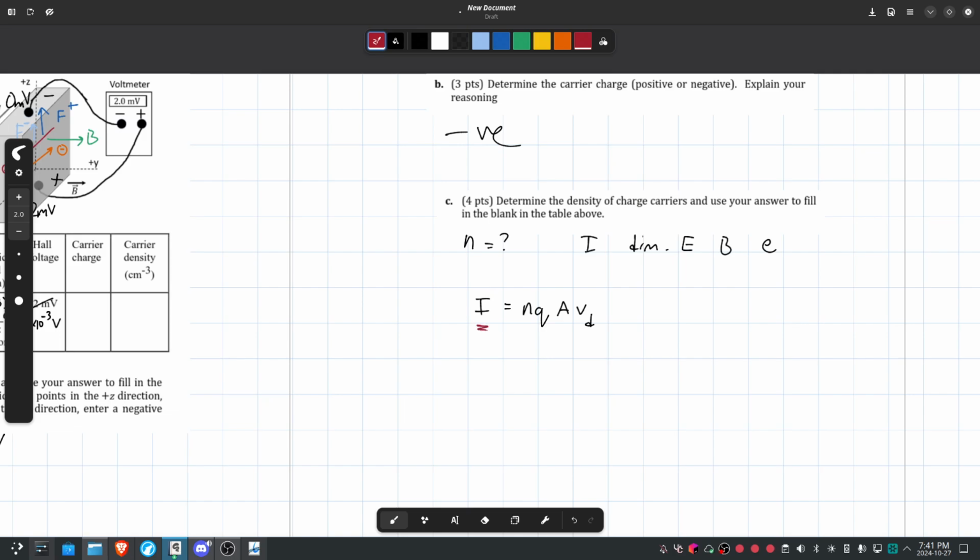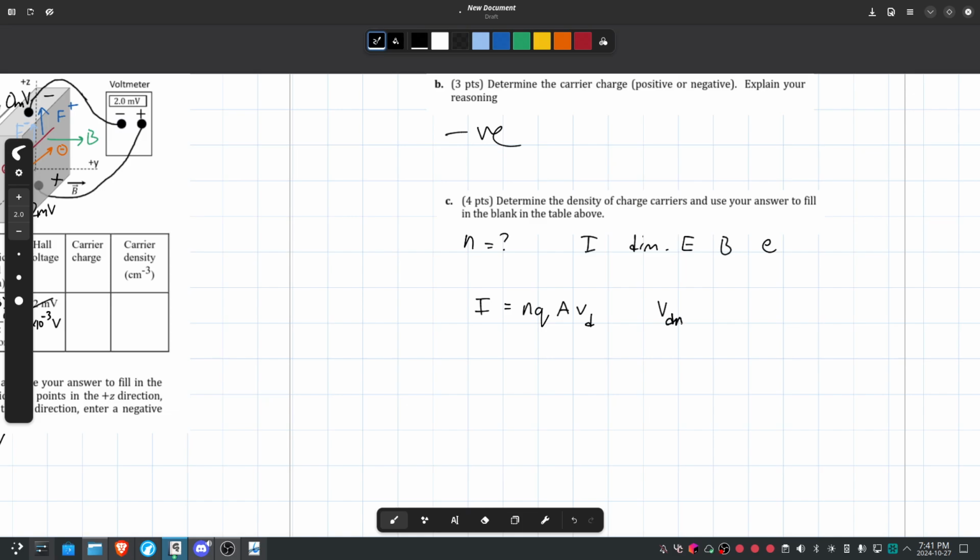Now we know we're trying to find n, we know q, we know the area, we don't know the drift velocity. What is the drift velocity? Well, we can just look at the equation here. There's two equations actually. One is for whenever you have a positive doping or p-type, and one for when you have an n-type. We have an n-type, so we are going to use the n-type one.